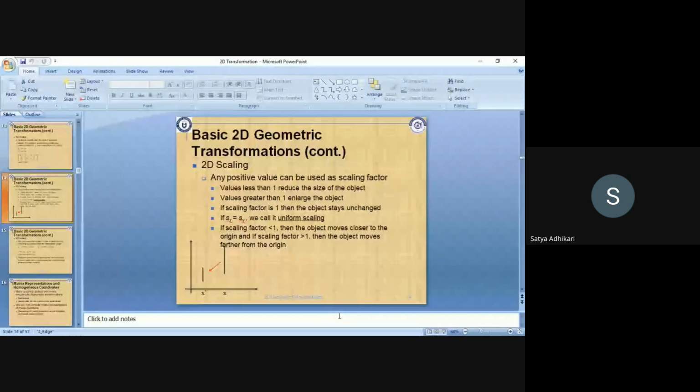You see, the initial object has a larger size, and after scaling you will get a smaller object, so it is closer to the origin. And if the scaling factor is greater than 1, then the object moves away from the origin, or farther from the origin.